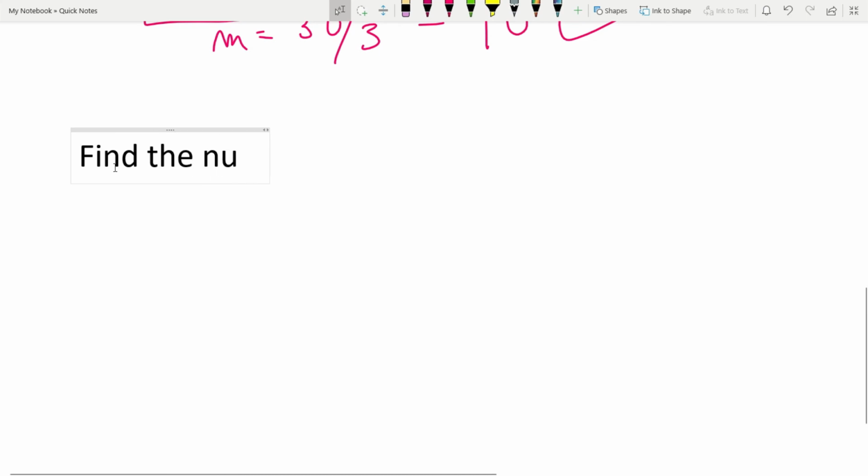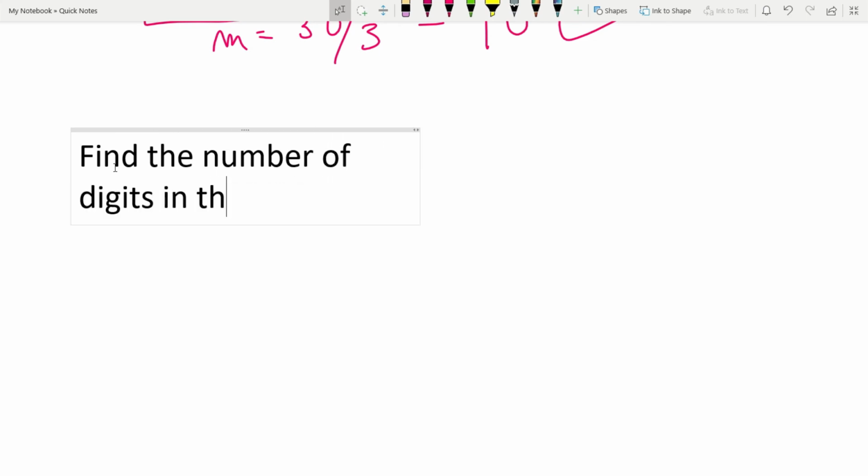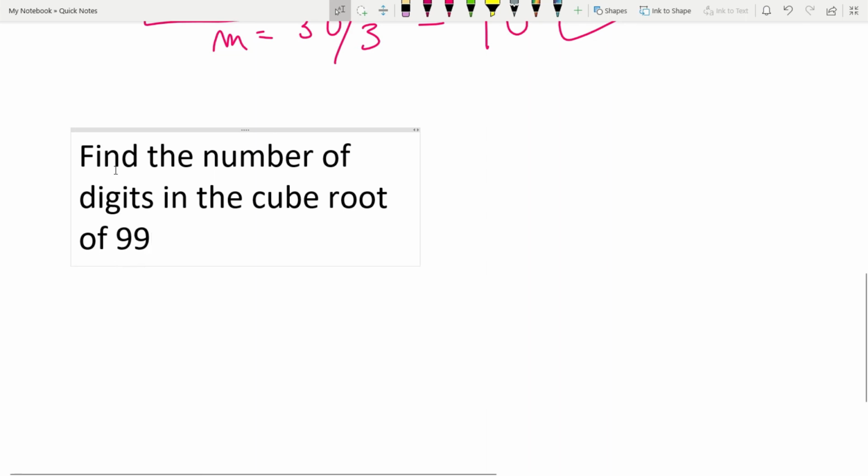So find the number of digits in the cube root of a 99 digit number. That is quite a huge number. And you need to find the number of digits in the cube root of a 99 digit number. Apply the shortcut. Apply the above given shortcut.